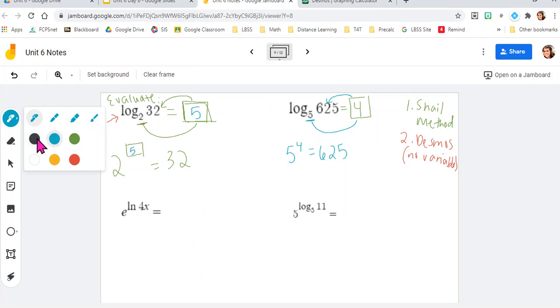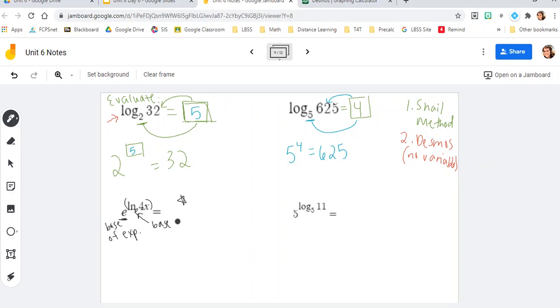All right, last thing about log form and exponent form. If we look at both of these, we see e as a base of the exponent. But then when we look in the exponent, we have ln, which we know has a base of e. If we look at this other problem, again, we've got 5 as the base of this exponent.